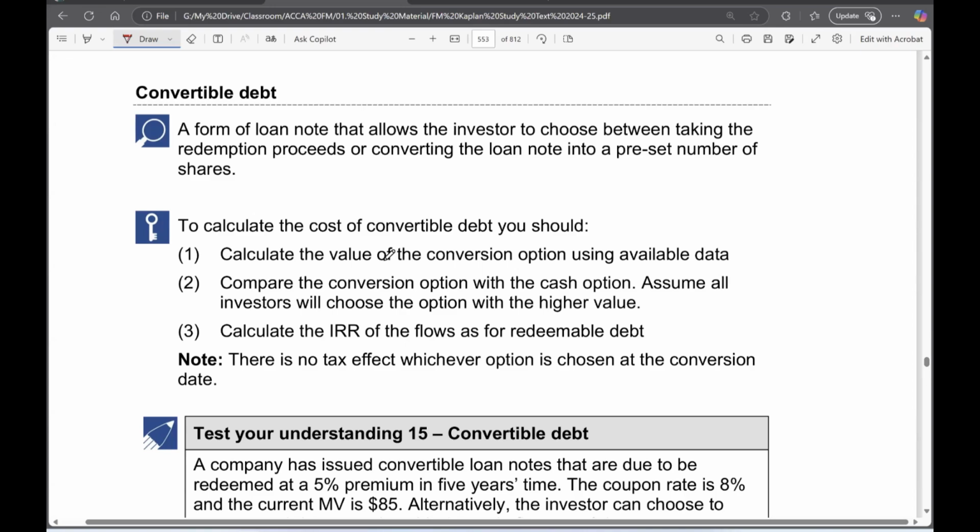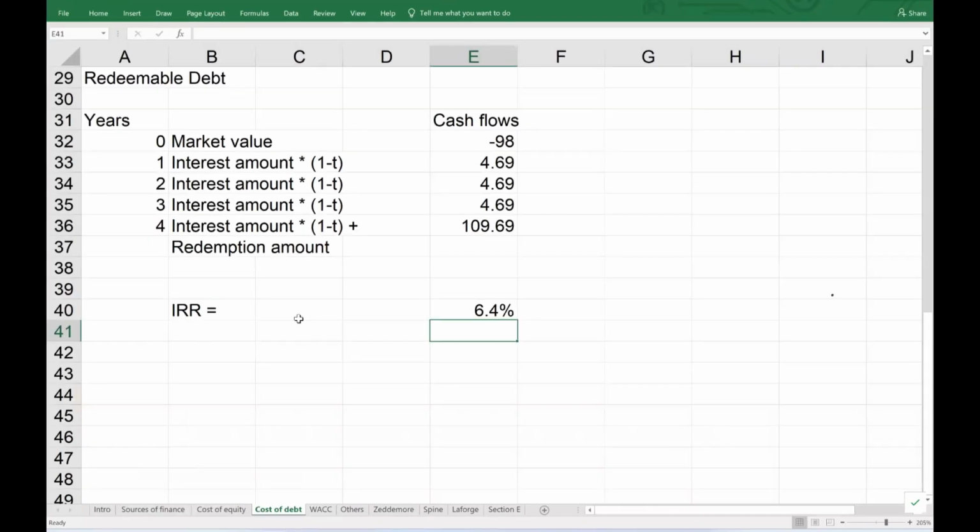Now, what is going to happen? We don't know. What will the bondholder do? They will convert into shares or they will redeem the money, depending on what benefit they get if they convert into shares. Look, the method for the convertible debt is the same. Same formula. If you want to find the cost of debt for the convertible bond, it is the same method.